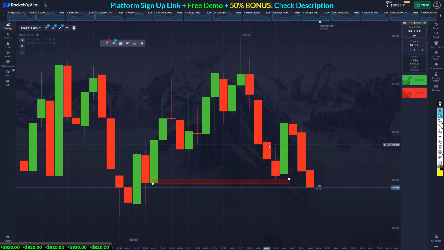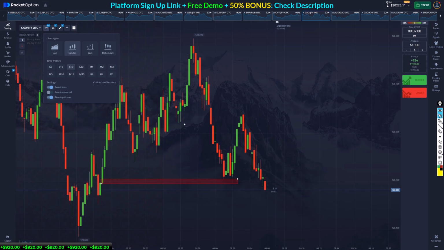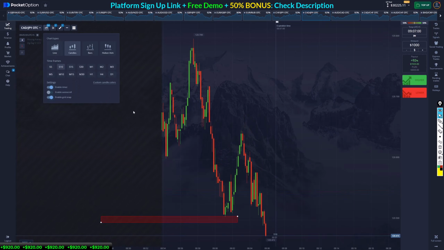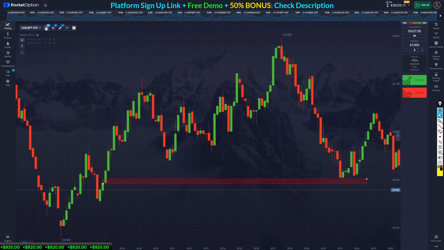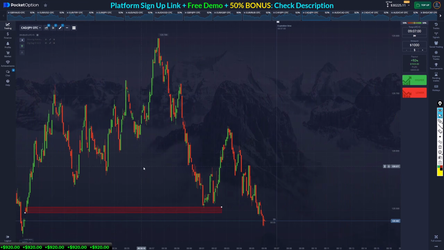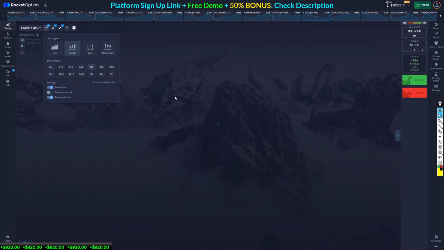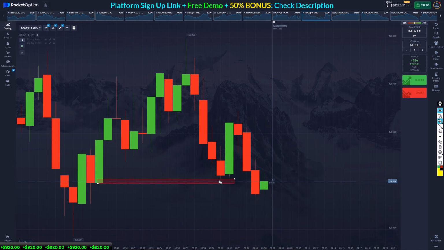It finally came down and it reacted from it. Okay, look at this. We have marked that. Look at that. In 5-second supply, see this? At the beginning of the video, it touched and boom. And we would win this trade. Okay, see? We would enter exactly right here and the candle closed exactly right here.